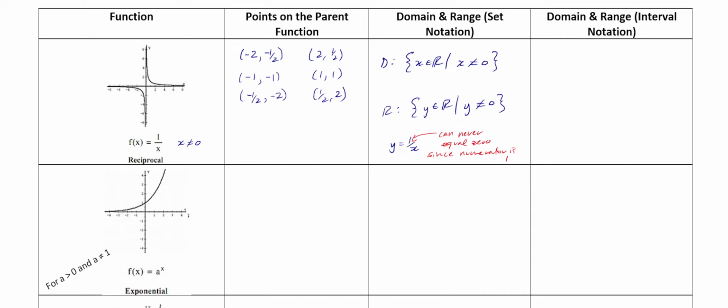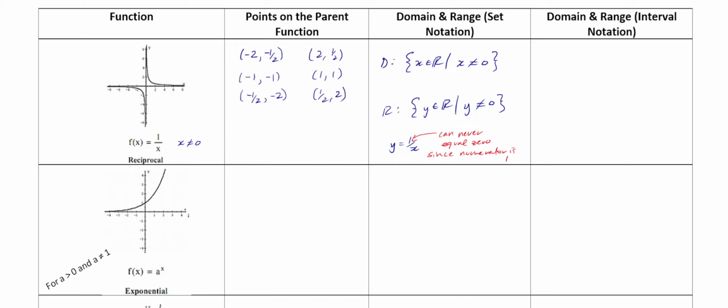So the y values of the reciprocal function can never equal 0 because it's a fraction, and a fraction can only equal 0 if the numerator is equal to 0, and since the numerator is 1, that fraction is never going to equal 0.